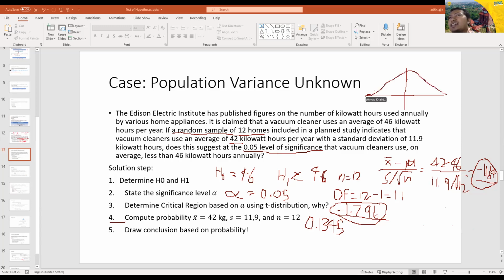Maybe it's this. Here is minus 1.796, and then here is 0.05, so it's this part. Since it's minus 1.164, then it's somewhere over here, sir, something like that.